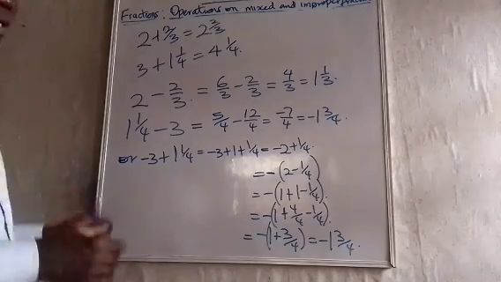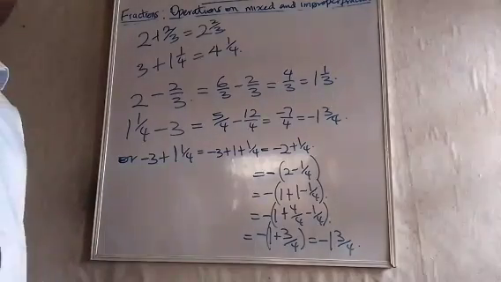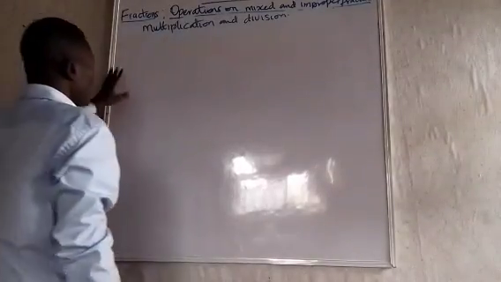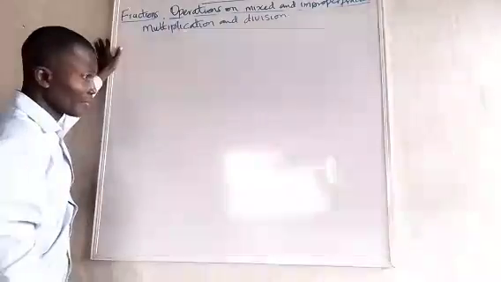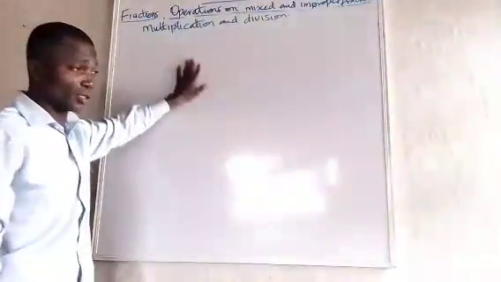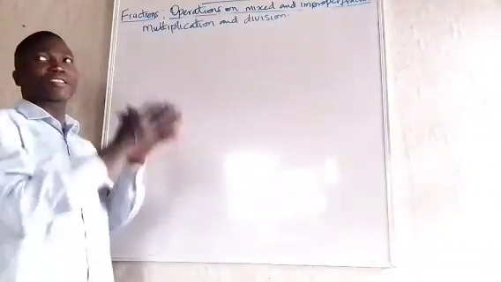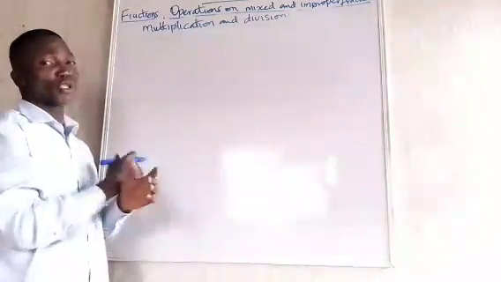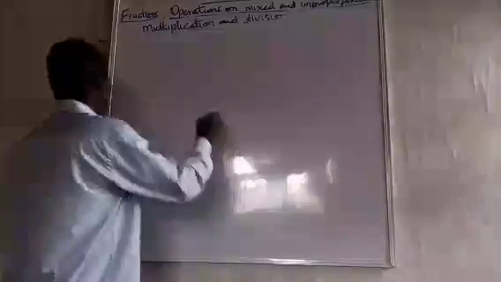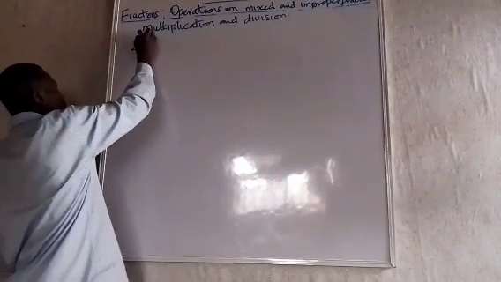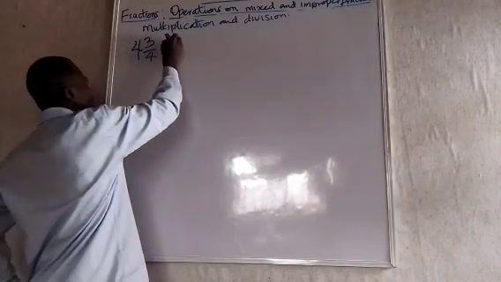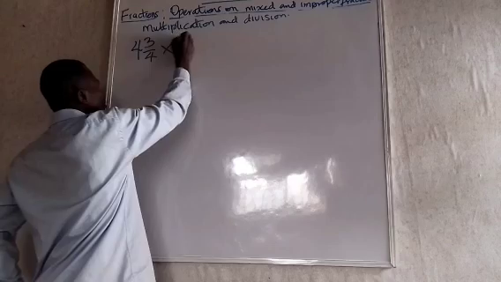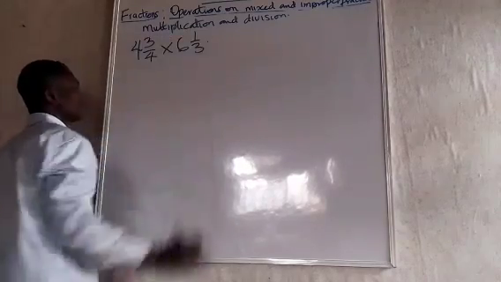So without wasting time, going straight to multiplication and division. When we have mixed and improper fractions under multiplication and division, you must convert everything to improper fractions. Let's look at this. If I have 3 over 4 times 6 and 1 over 3.